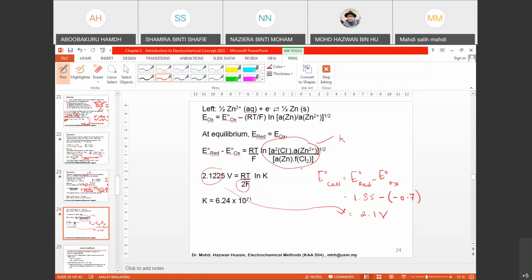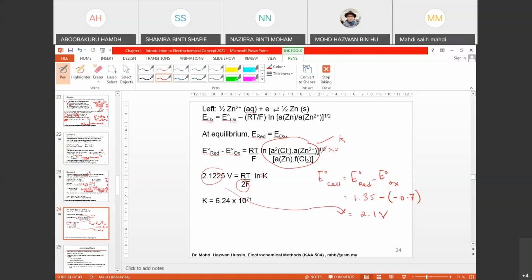Okay, the 2 is actually coming from the cancellation of this one. So if I multiply it with 2, this can be cancelled, it will be 1, and this will be 2. So that is why it will be 2F. Otherwise, it will be like 2K over here. So I just bring it here.